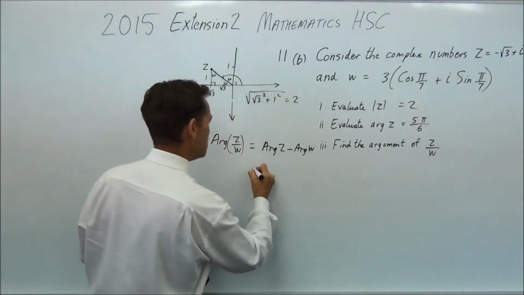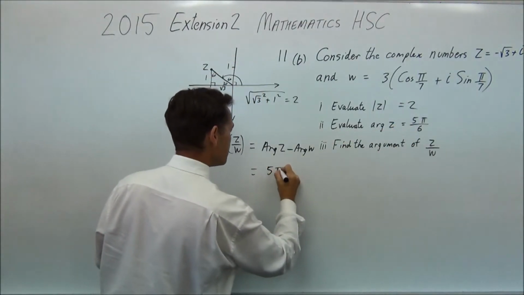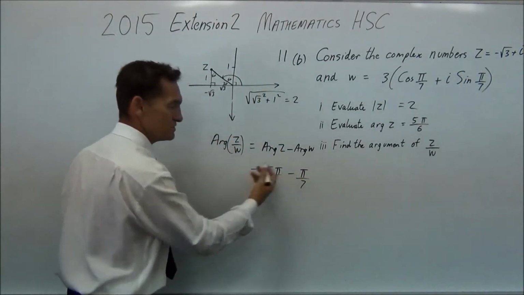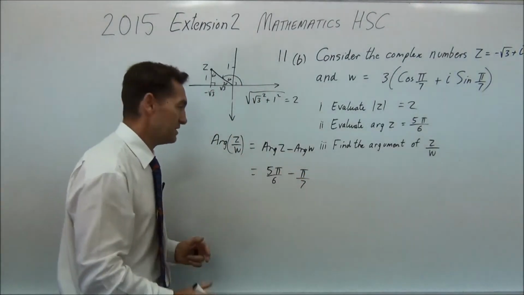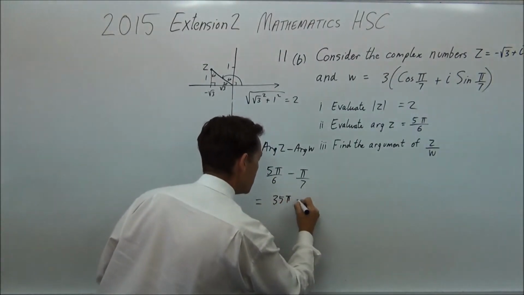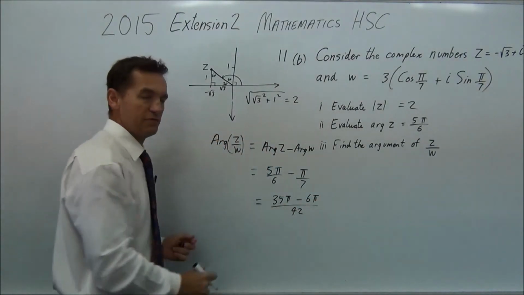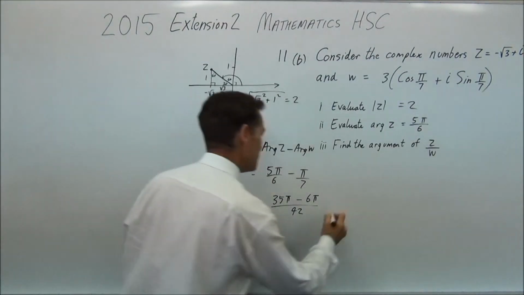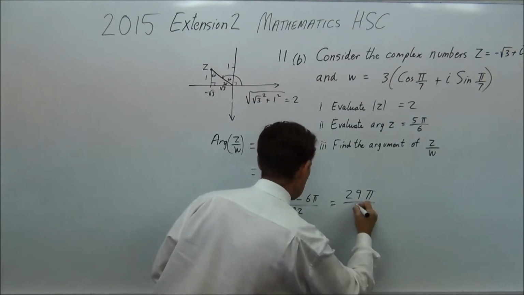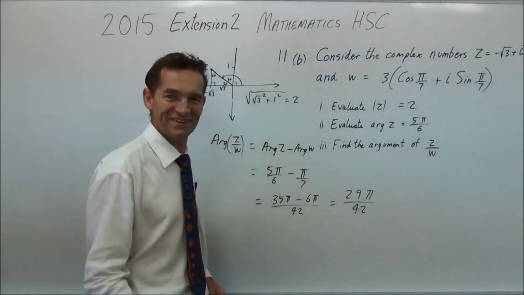So you've just figured out arg z as 5 pi on 6 minus pi on 7. Just do a little bit of cross multiplying to get it as one fraction, and you'll get 35 pi minus 6 pi over 42, or 35 minus 6 is 29. So you'll have equals 29 pi over 42. You can't simplify that, so you're done.